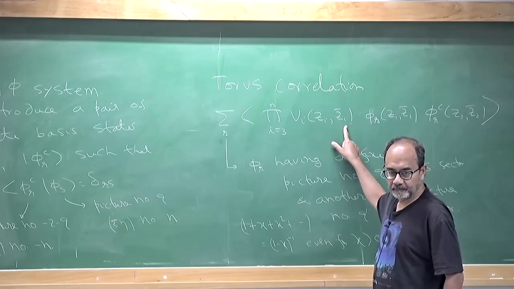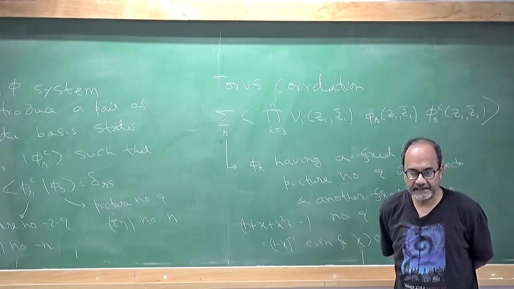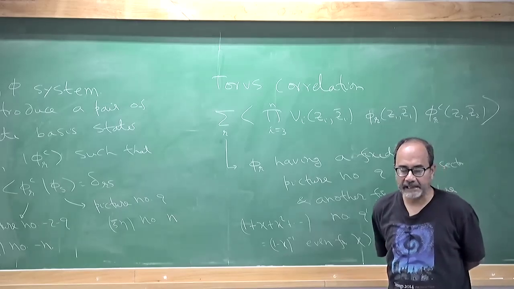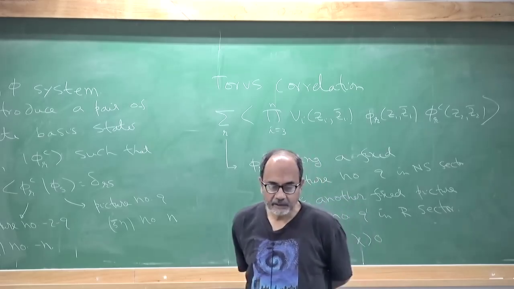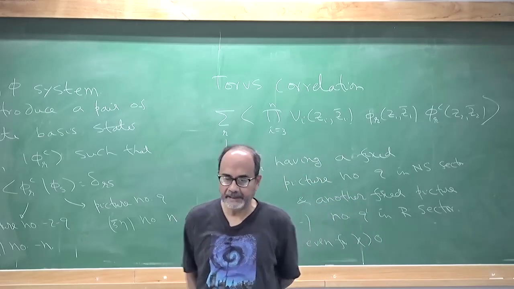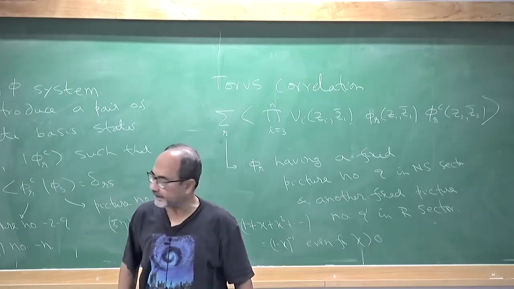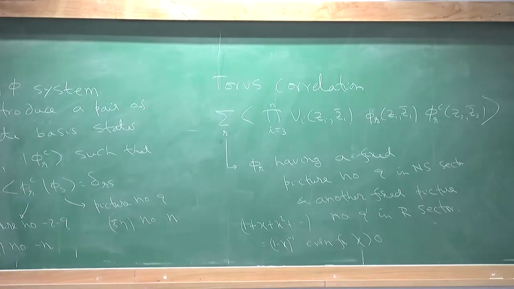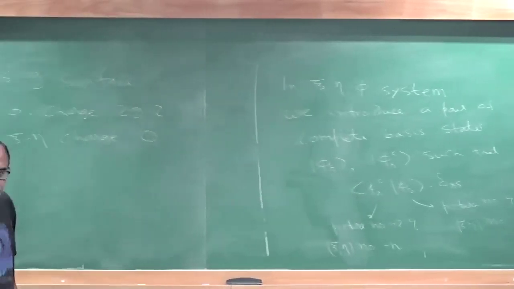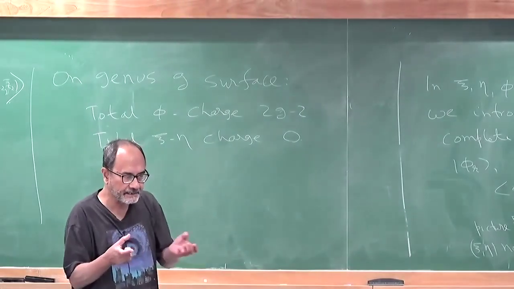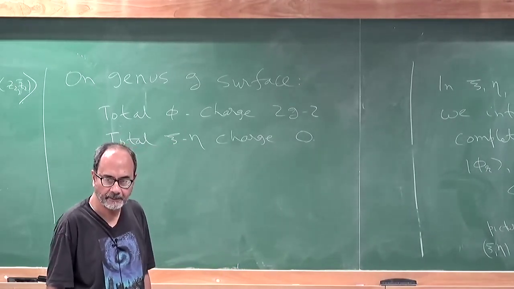So that's the statement, that's what we saw. Starting from the conservation law on a sphere and keeping on doing pairs of circles like this, you can easily see that the total phi charge on a genus G surface should be 2G minus 2. Every time you add a handle like this, you increase the required picture number by 2.